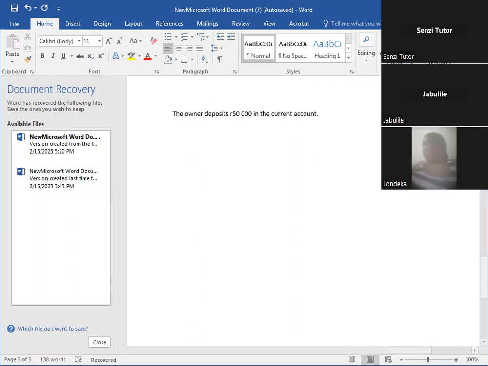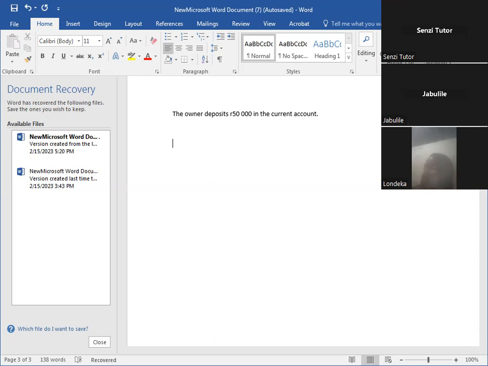Our owner's equity will increase because the owner is depositing something. But when the owner is withdrawing capital from the business, then our owner's equity can decrease. Or if there are any drawings, or if any expenses have been paid, then our owner's equity will decrease.